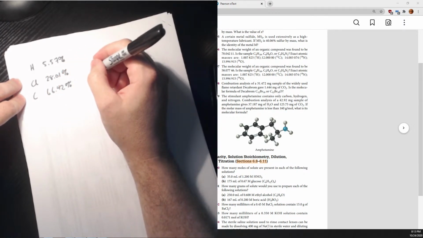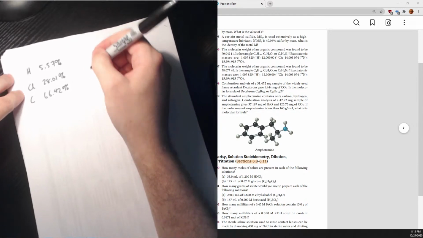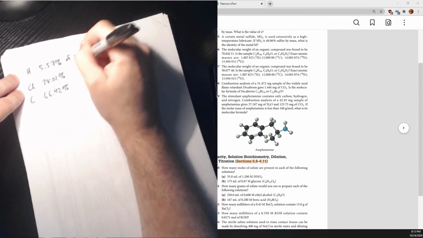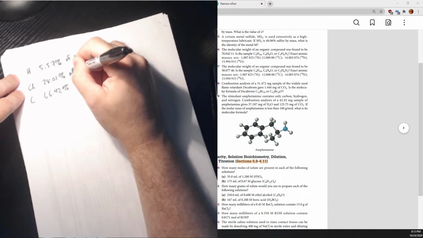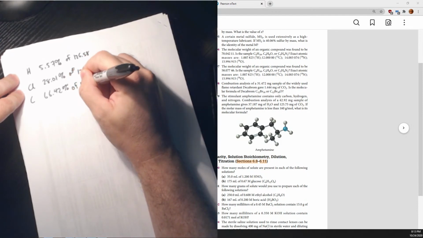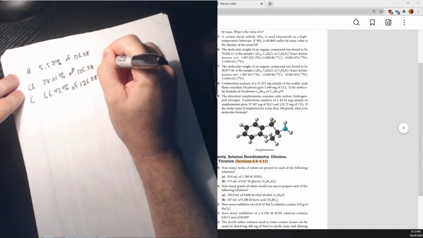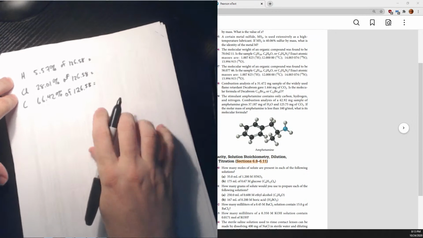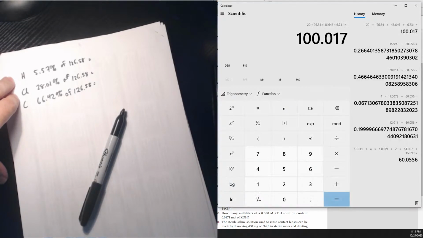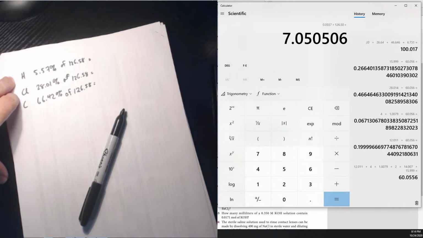And the molecular weight is 126.58. Okay, so we take 5.57% of 126.58.